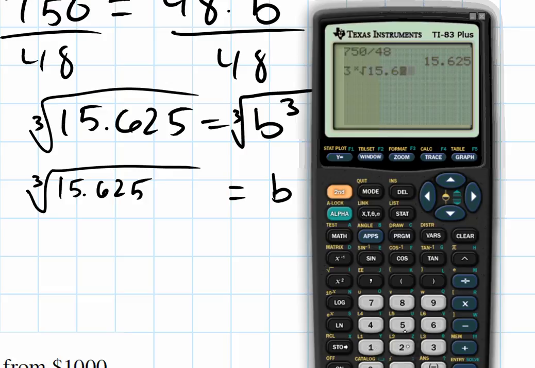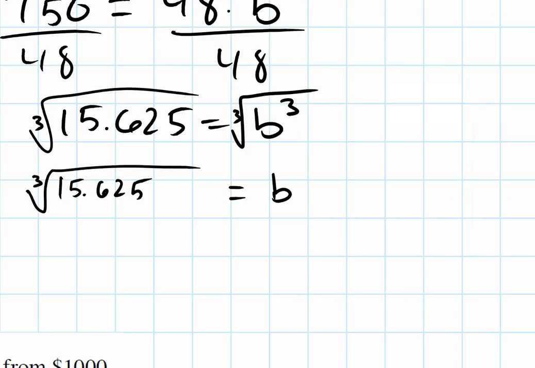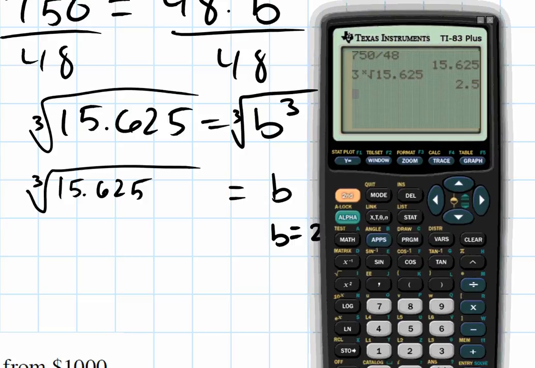And what it gives me is the cube root of 15.625 is 2.5. So I now know what b is, right? b is equal to 2.5. Evidently, if I take 2.5 times 2.5 times 2.5, I should get 15.625, and that's the magic.